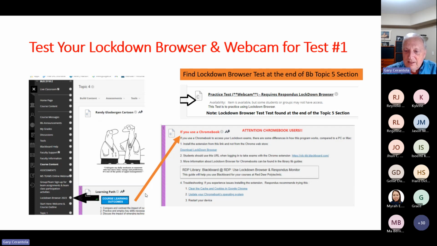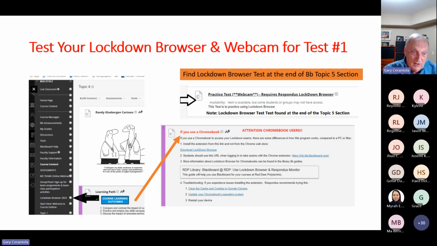You'll see I have the orange arrow, especially if you have a Chromebook, since the system is not totally standard to deal with Chromebook. So there might be one or two things that are different, and that tells you what to be prepared for and how to make sure that you can access the lockdown exams.